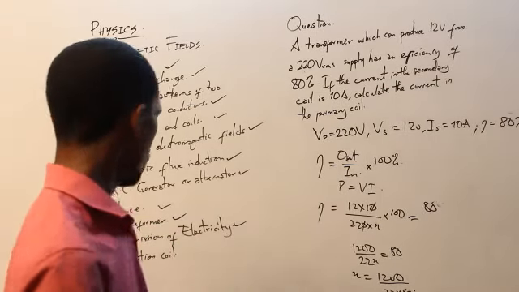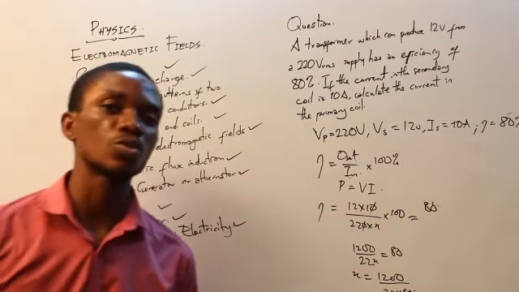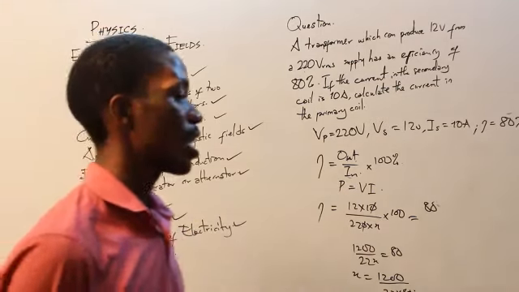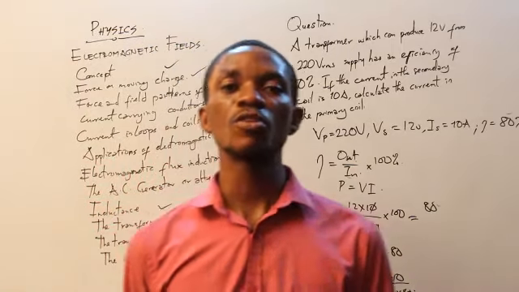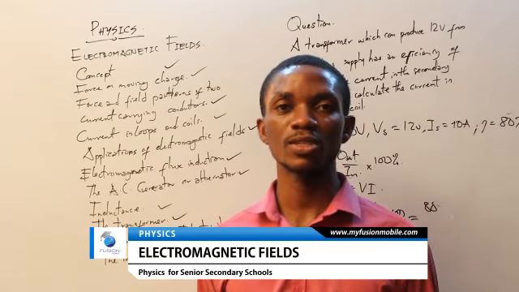Okay, let's talk about the induction coil. The induction coil is a device which enables us to obtain high EMF, high voltage, from low voltage, from low direct current voltage.